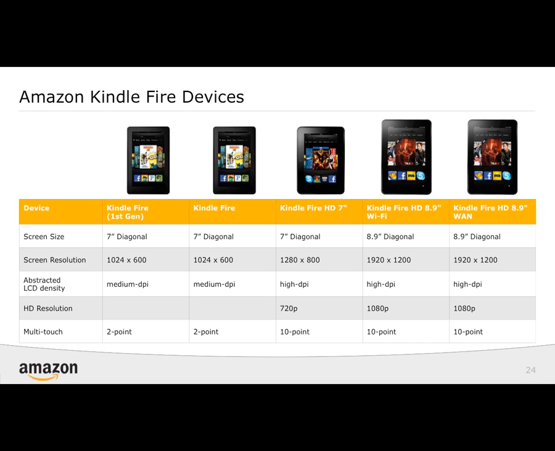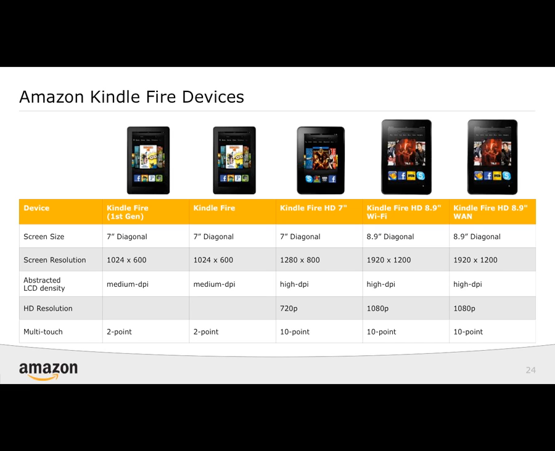You can see the chart of screen resolution and abstracted density. One of the things I want to let you know about this chart is that you'll notice that the Kindle Fire HD7 and 8.9 devices call themselves HDPI devices.